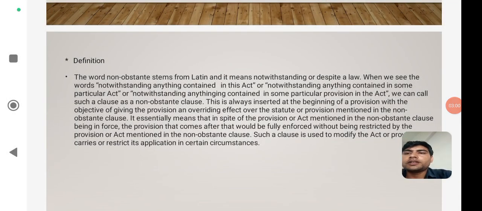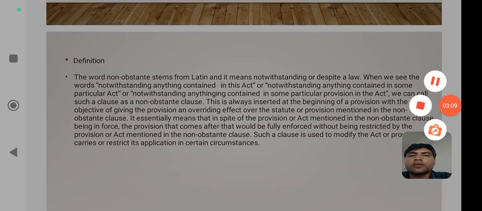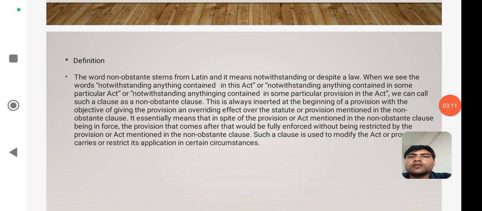Definition of non-obstante clause. The word non-obstante stems from Latin and means notwithstanding or despite a law. When we see the words notwithstanding anything contained in this act, or notwithstanding anything contained in some particular act, or notwithstanding anything contained in some particular provision in the act, we can call such a clause a non-obstante clause.